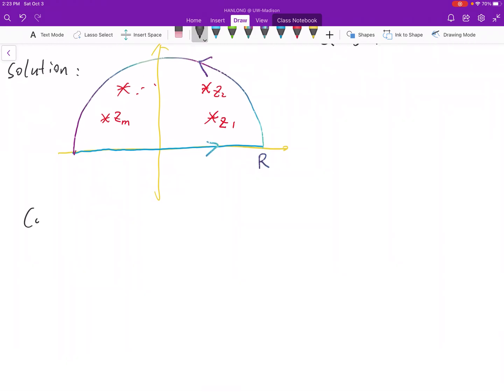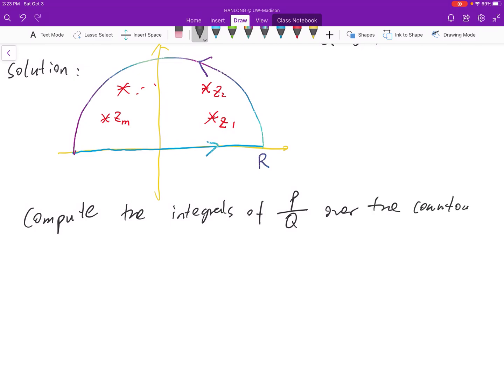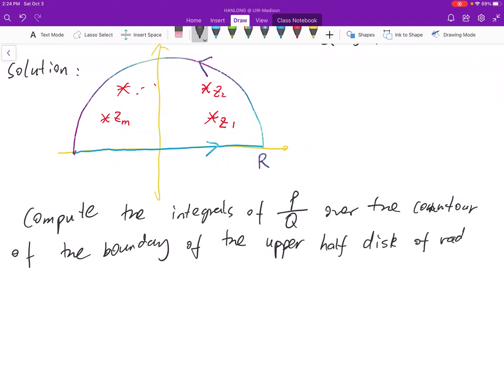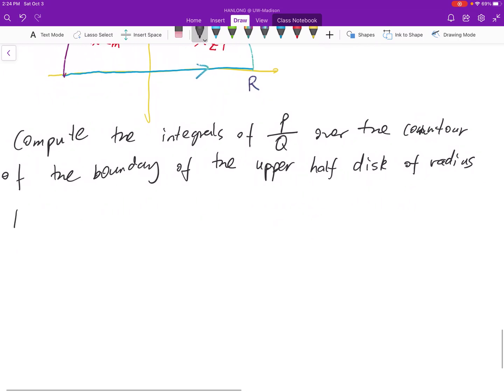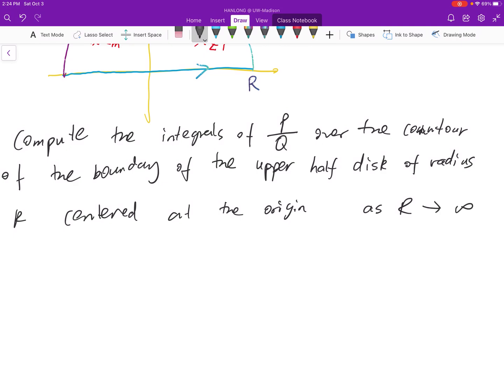So if you summarize this in words, then compute the integrals of P over Q over the contour of the boundary of the upper half disk of radius R centered at the origin as R goes to infinity.